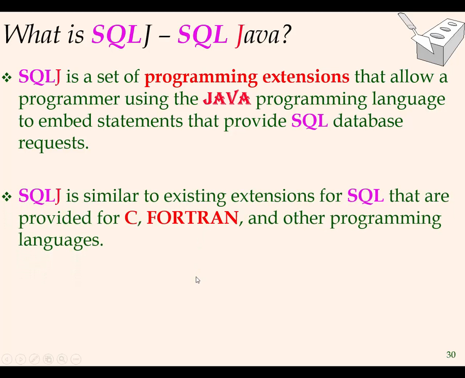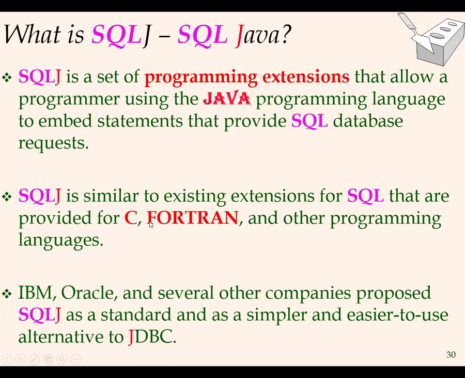And again, how do you actually make the call? The preprocessor will convert these #sql statements to actual invocations. You can also do this in C, Fortran, or other languages. So SQLJ is a standard, and simpler to use.